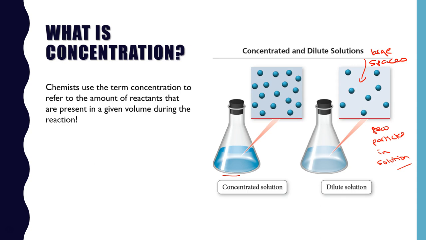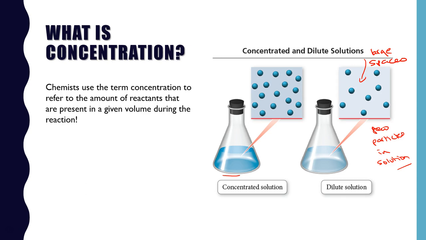When we talk about how many particles are in a given volume, chemists use the term concentration. You may have heard of this when you've made up cordial, and the mix that we use to make up cordial is known as the cordial concentrate or fruit juice concentrate.